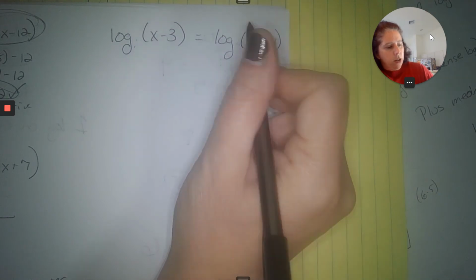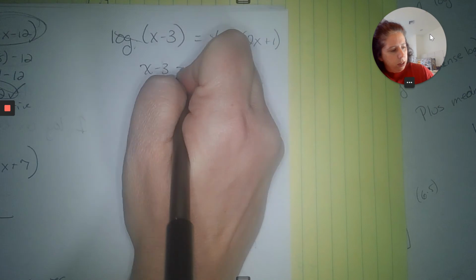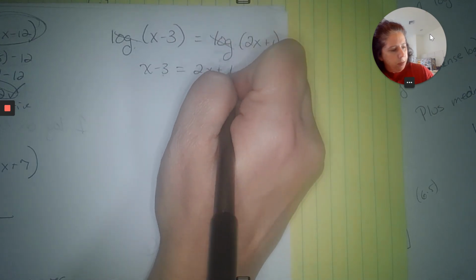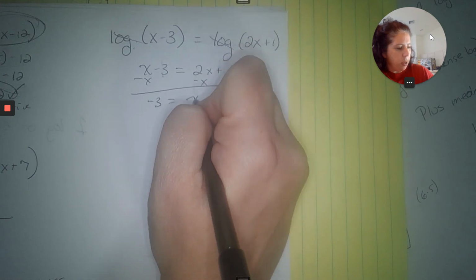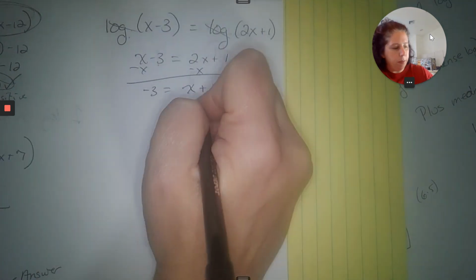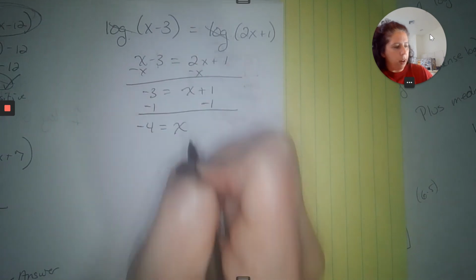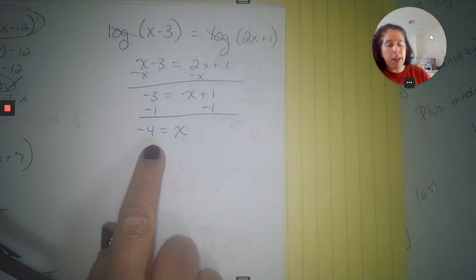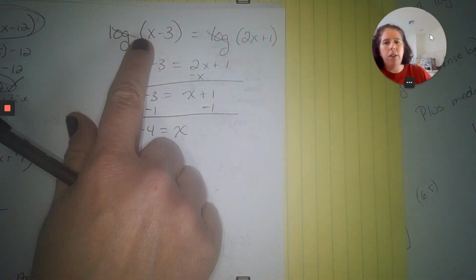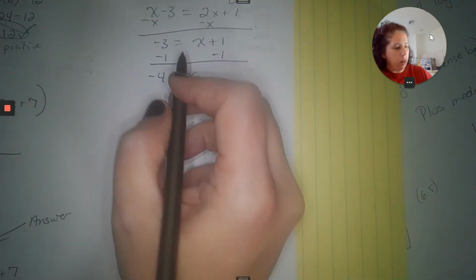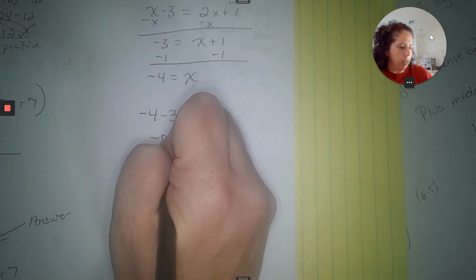All right, so hopefully you got an answer. Okay, so this is x minus 3 equals 2x plus 1. We're going to subtract x. We get negative 3 equals x plus 1. All right, we're going to subtract 1, which gives me negative 4 equals x. Now, this can be negative. It's okay for this to be negative, guys. When I plug it back in, it can't be negative. Okay, so when I plug this back in, you get negative 4 minus 3, which gives me negative 7.